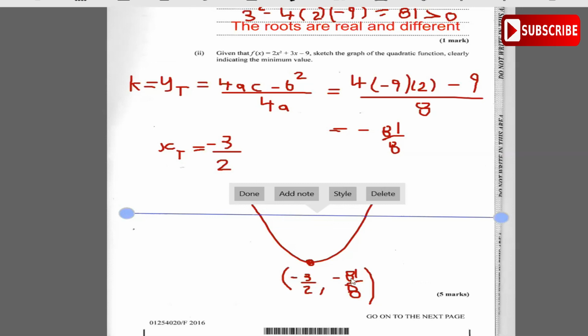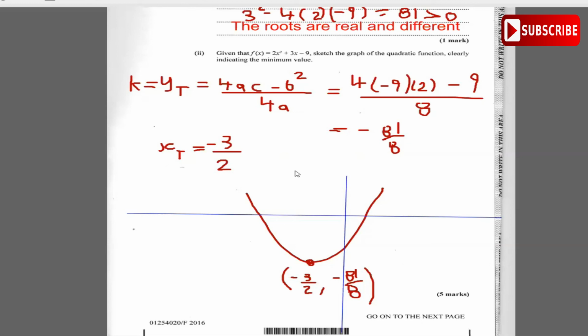This is negative 81 over 8. And the graph cuts the y-axis at negative 9. So the y-axis would be somewhere right here. That's the y-axis, because it cuts the y-axis at negative 9.